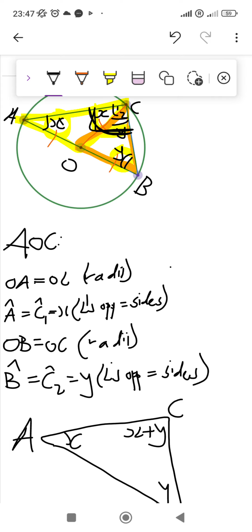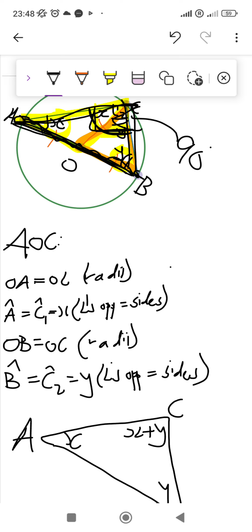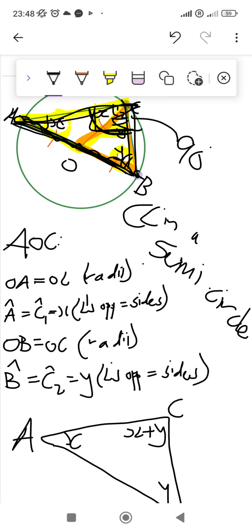Basically, if you have a diameter, a line that goes from one point to the other point through the center, wherever those two lines go and form, they will form 90 degrees. The reason that we write down is angle in a semicircle. Semicircle, let me write that again. Angle in a semicircle. All right, great.